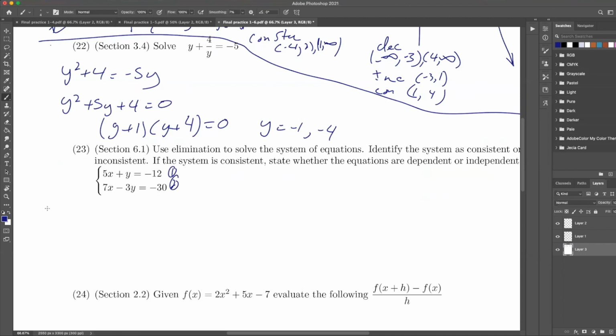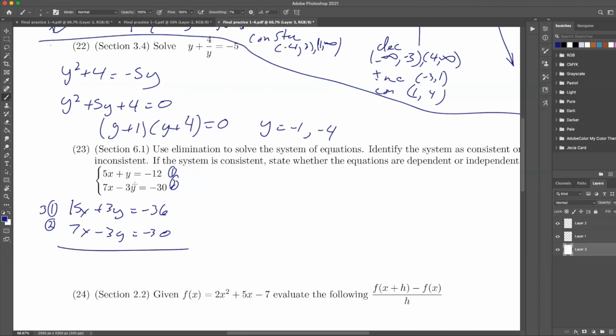I'm going to do elimination, so I'm going to do 3 times equation 1, and then just have equation 2. And so that'll be 15x plus 3y equals minus 36. And then we'll have 7x minus 3y equals minus 30.